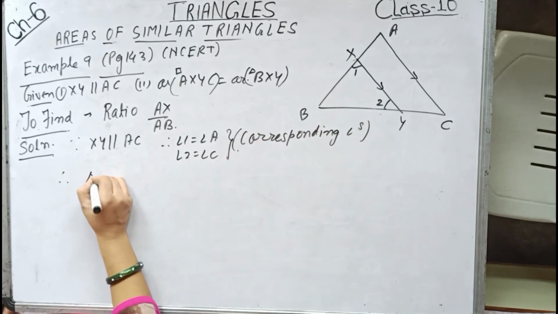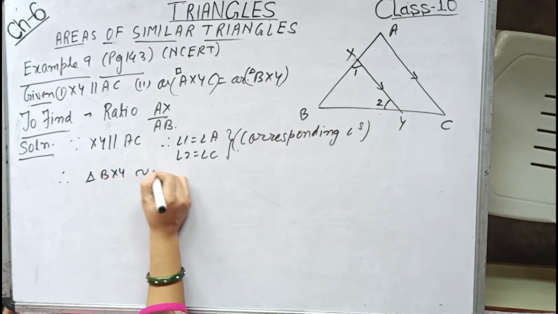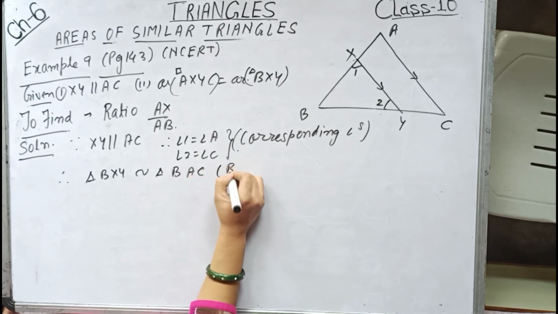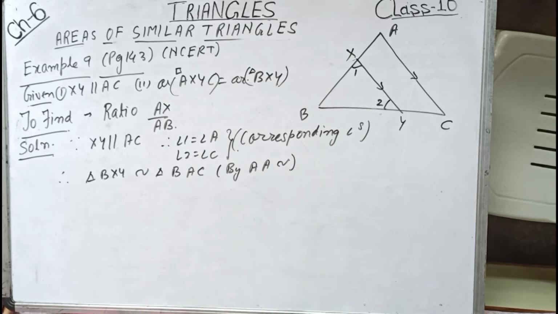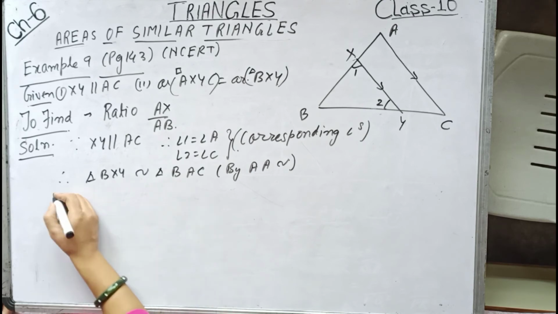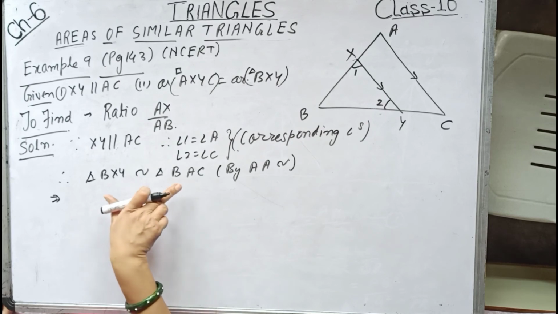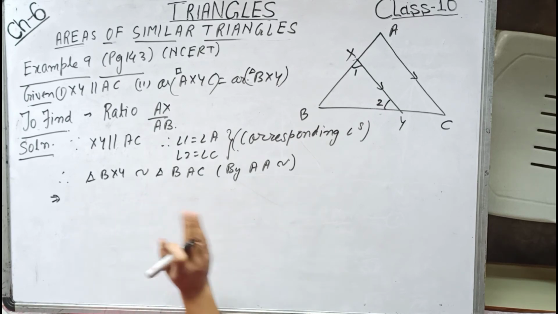Therefore triangle BXY is similar to triangle BAC by double A similarity. Here it can be triple A also, because B is common. So BXY is similar to BAC. This implies, as we have done, if triangles are similar, then the ratio of their areas equals the square of the ratio of their corresponding sides.